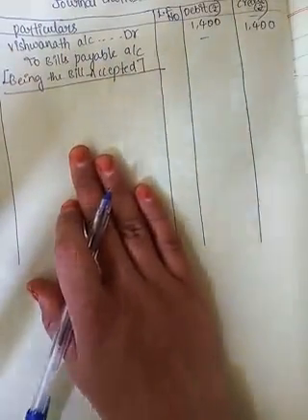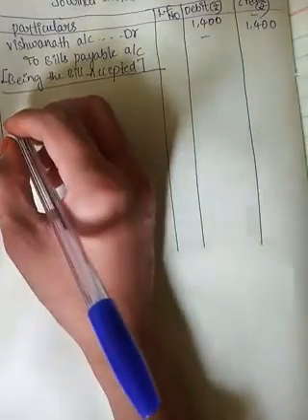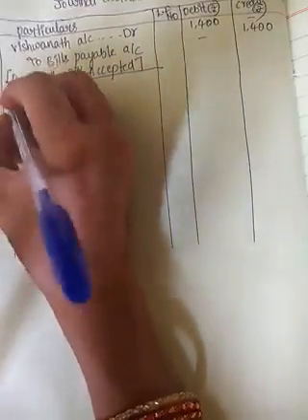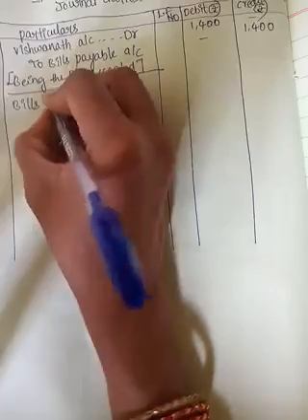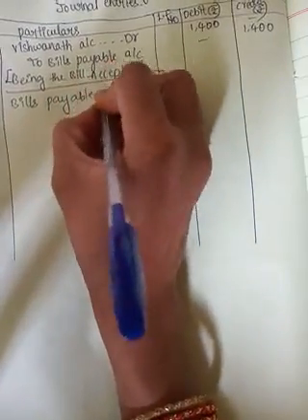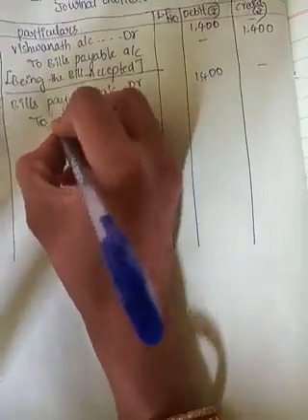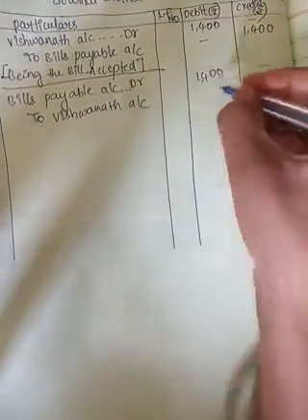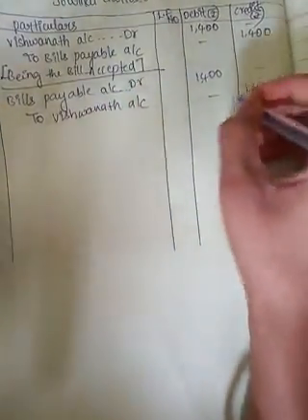In the books of Jagannath, the entry for the bill dishonored, cancelled for non-payment of the bill, is: bills payable account debit 1400 to Vishwanath account.